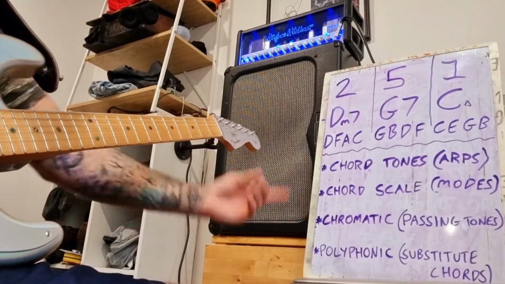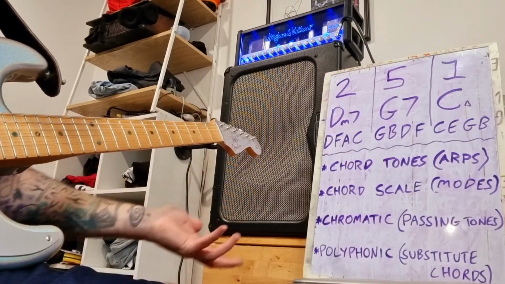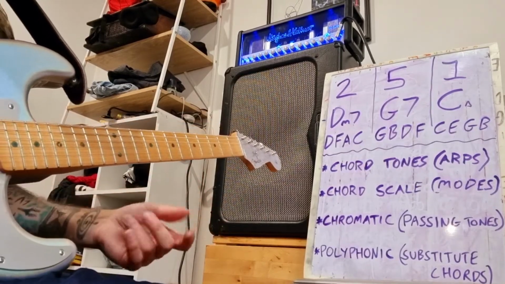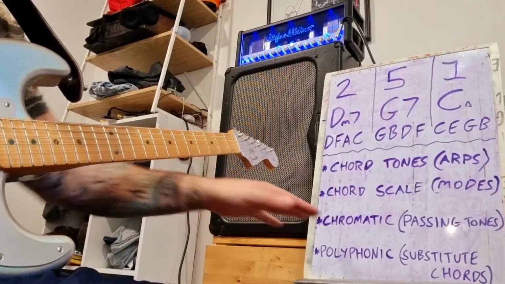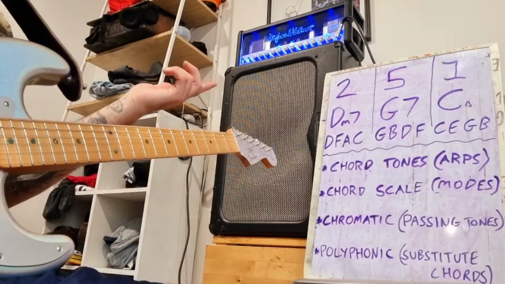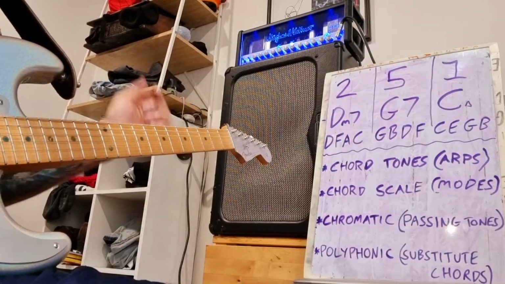So polyphonic, different to monophonic, is playing multiple notes at the same time, poly. So guitar is one of those instruments that can do single note lines and multiple note lines. And I've also written about substitute chords. Just because D minor is playing doesn't mean that you need to be playing D minor all the time.